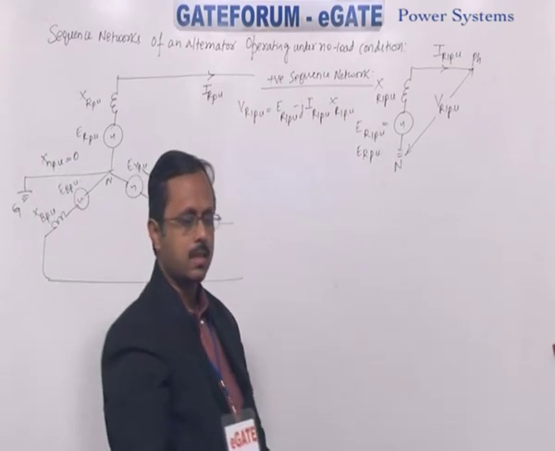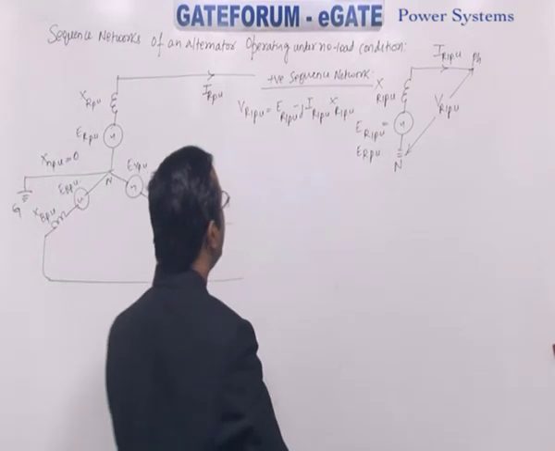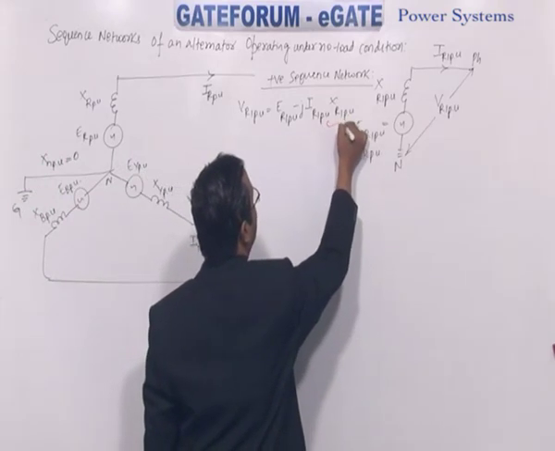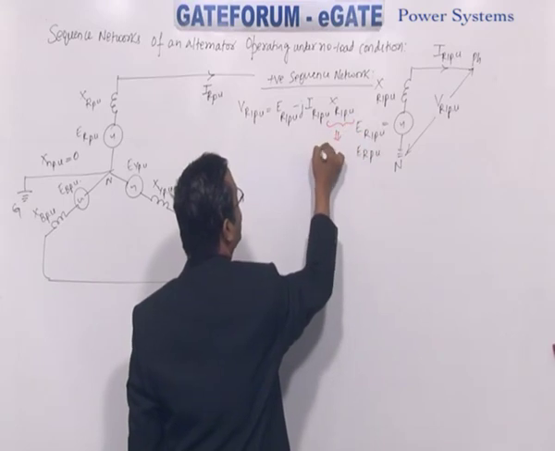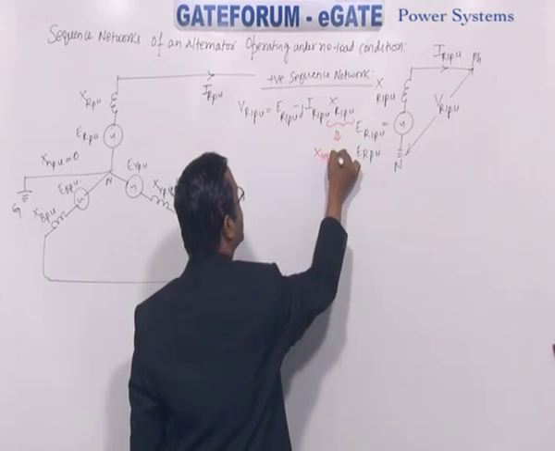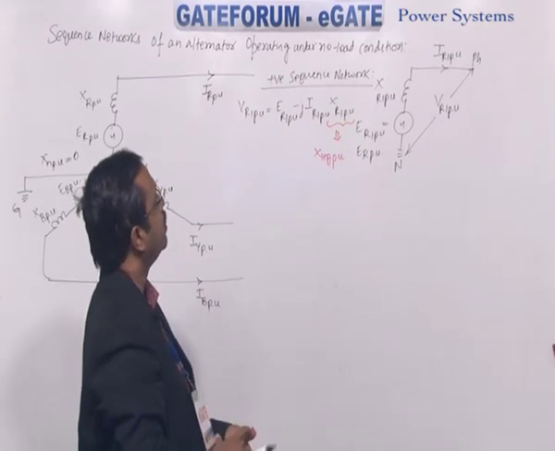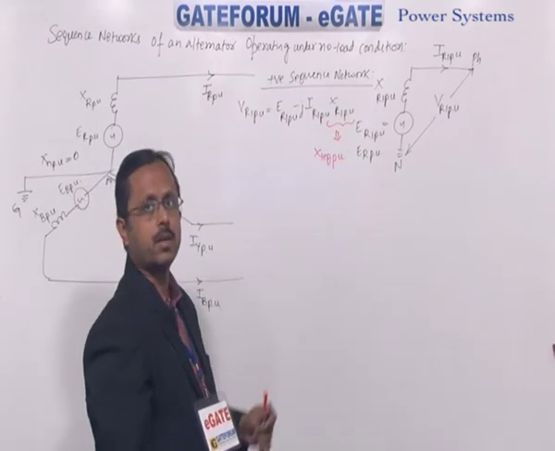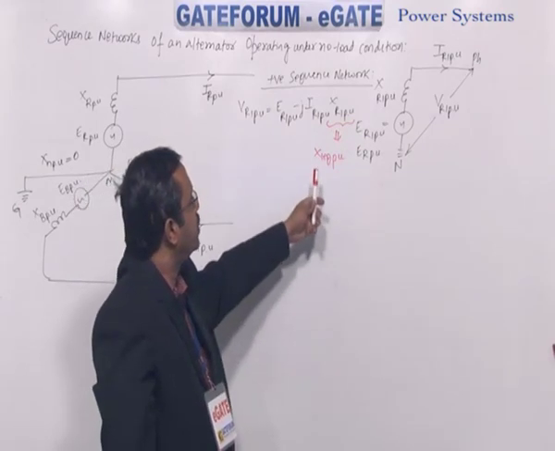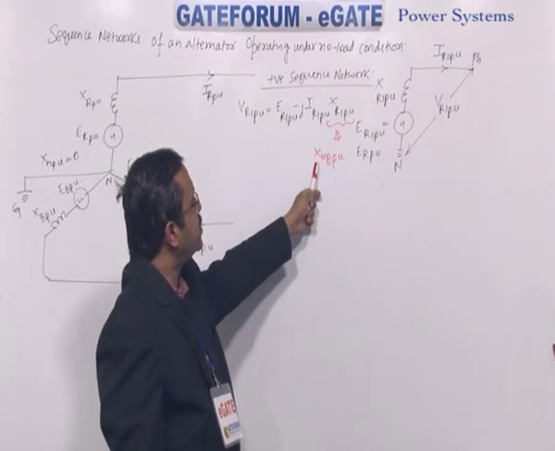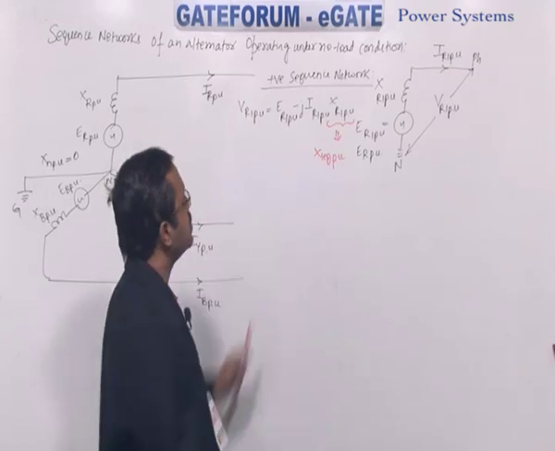And what is the opposition to flow of positive sequence current, XR1 per unit? You also name it as X1 equivalent per unit. So what is X1 equivalent per unit? Equivalent per unit positive sequence reactance.